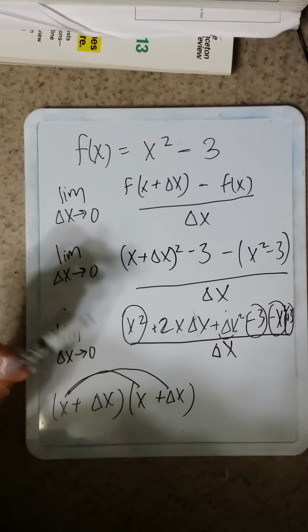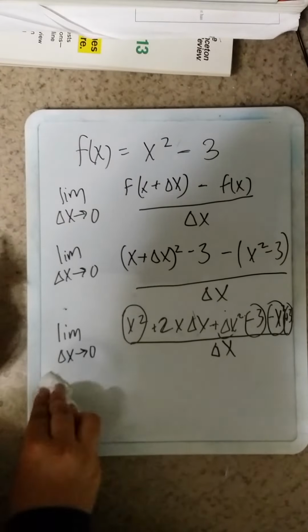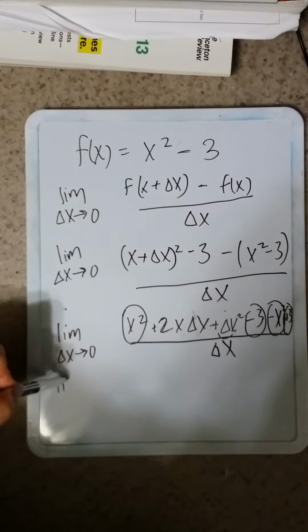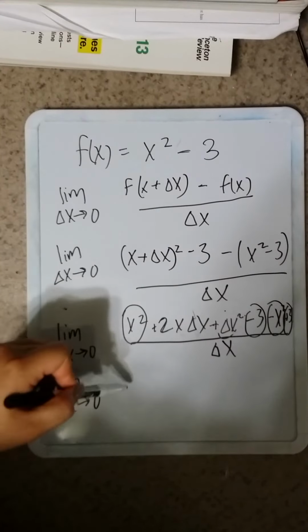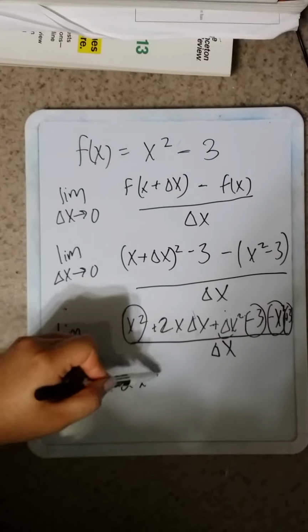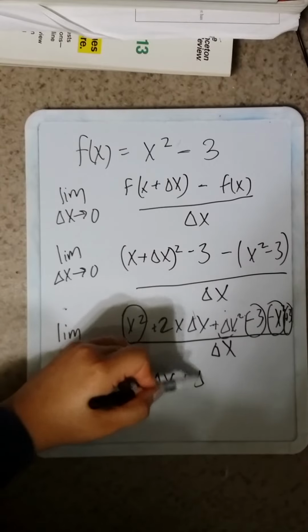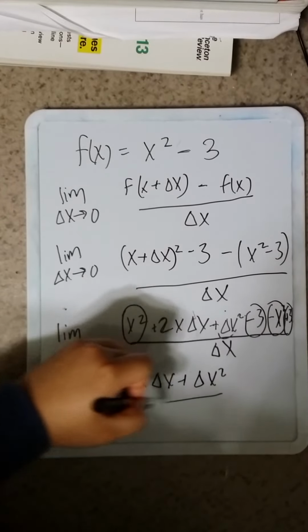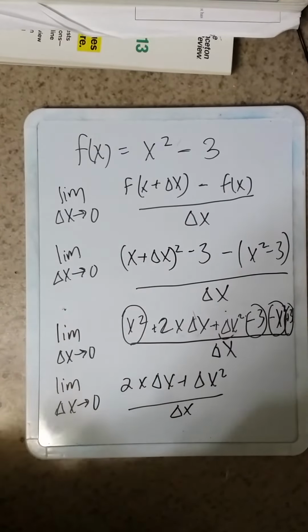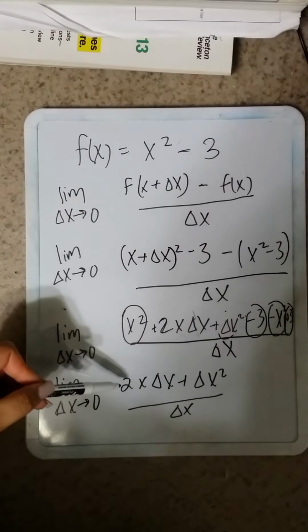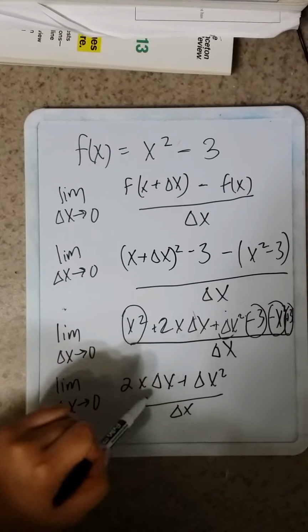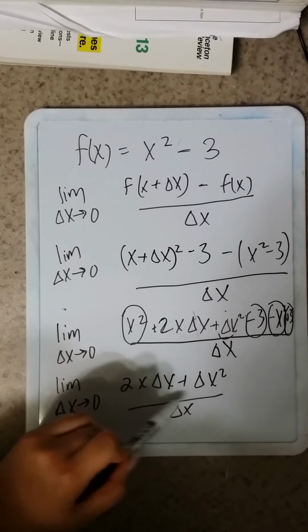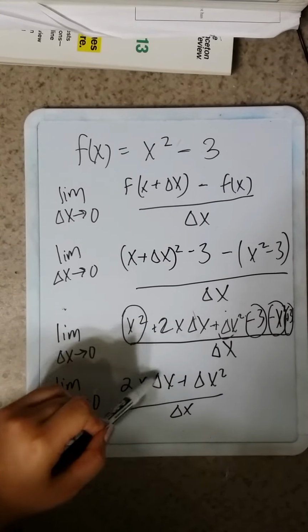Now I'm going to erase this because we don't need it anymore. I just wanted to show how to factor that all out. You're going to get 2x change of x plus change of x squared all over change of x. Can you see that on the numerator, in both parts, you can take out the change of x?